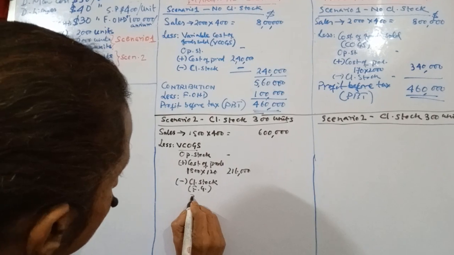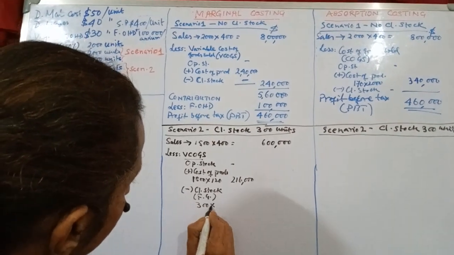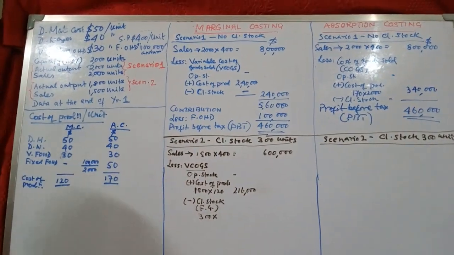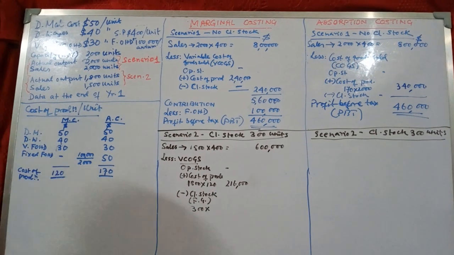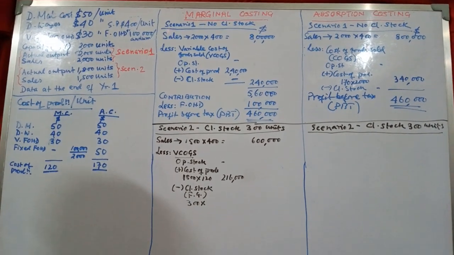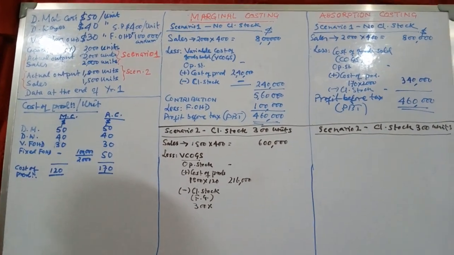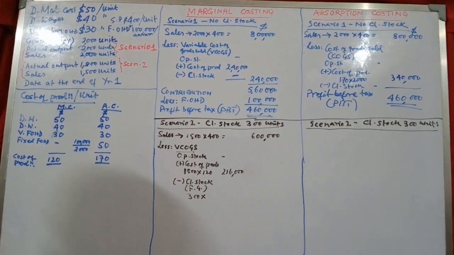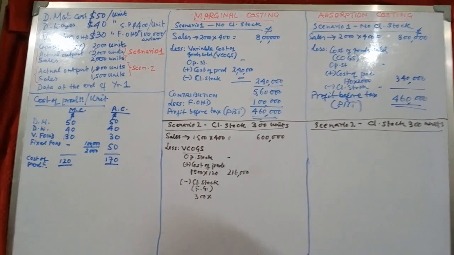So this is 300 into cost of production per unit, 120. So 300 into 120, and we get 36,000.